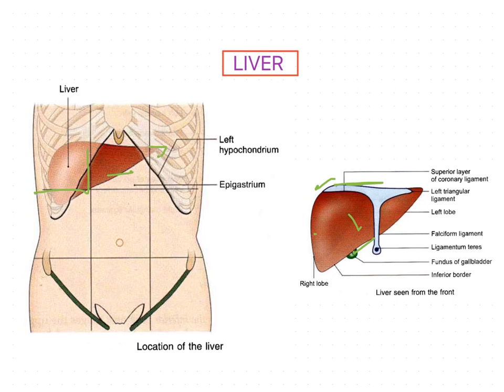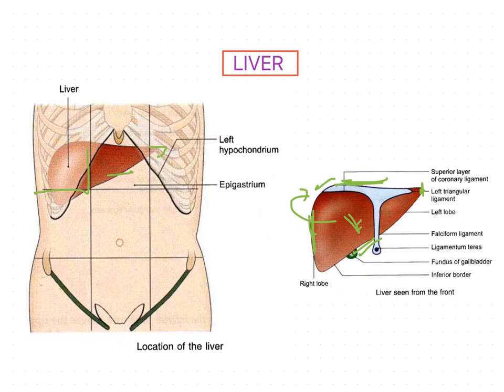So it is wedge shaped, and it has an apex, a base, a right lateral surface, an anterior surface, posterior surface, superior surface and inferior surface. These are the surfaces of the liver.